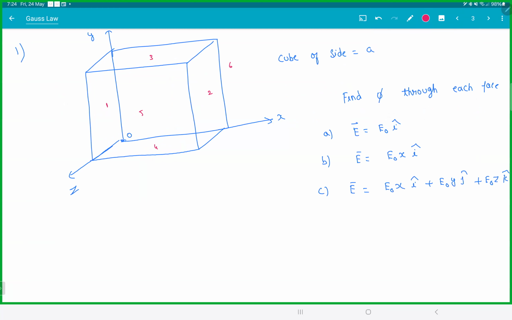Now, if the field is E naught x i cap, meaning the field is changing with the x coordinate, it's not constant.